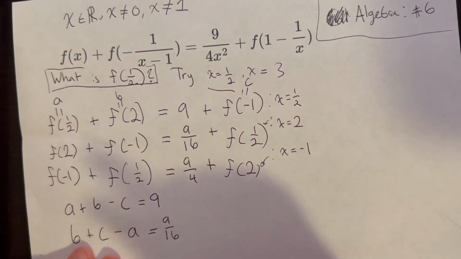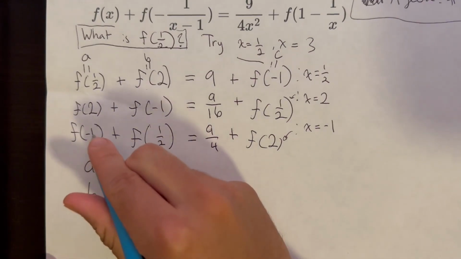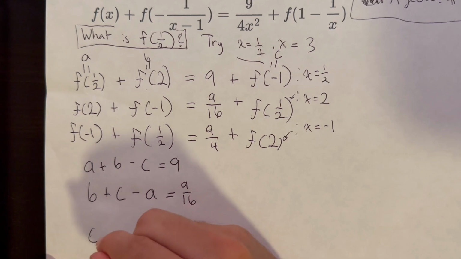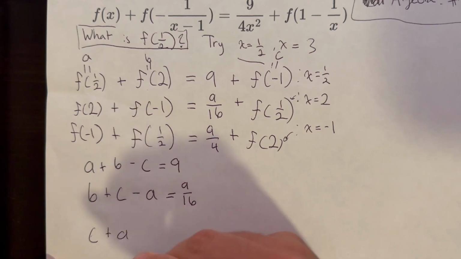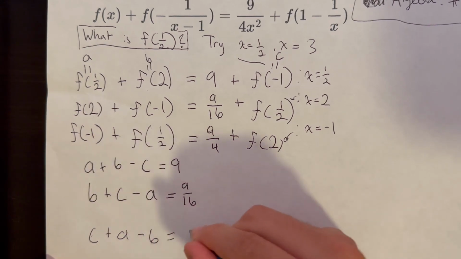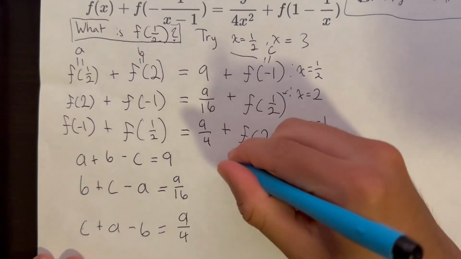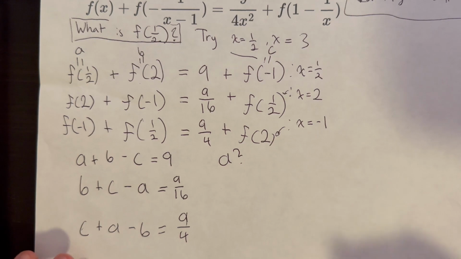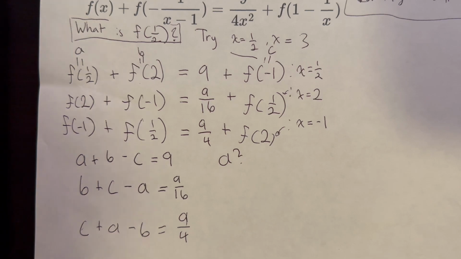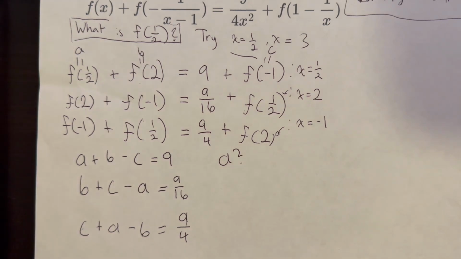And finally, we get C plus A minus B equals 9 over 4. And we're trying to solve for A, because that's f of 1/2. So this system of equations is actually pretty easy. Usually if you have 3 variables, you're going to need 3 equations to easily find the value of a single number.